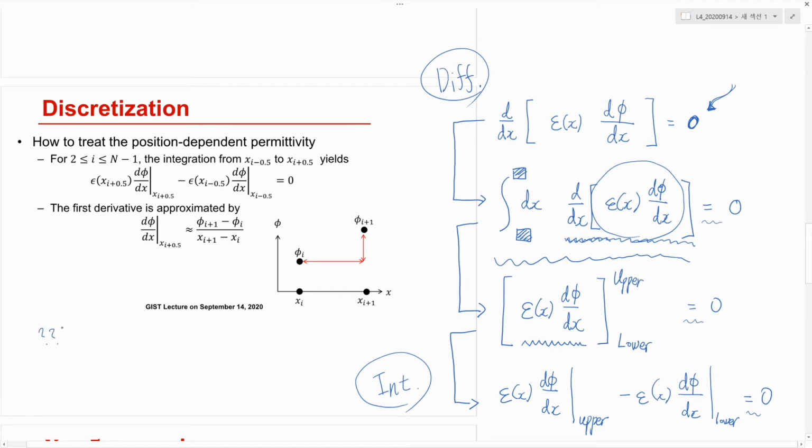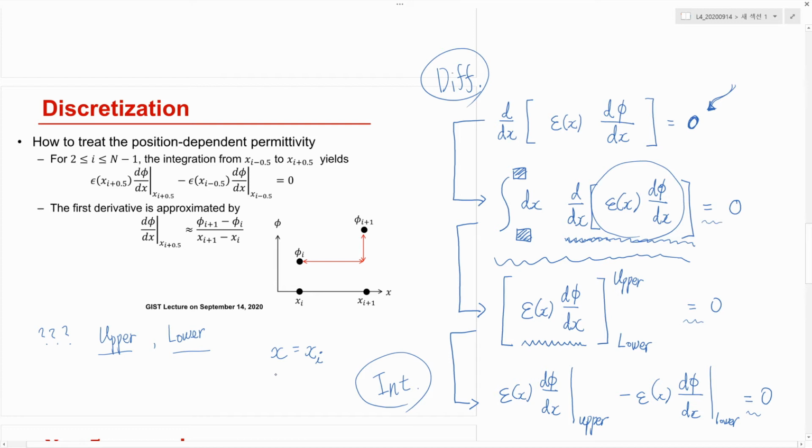The natural question is, then, how can we decide this upper part and lower part? What are the valid values for the upper bound and lower bound?